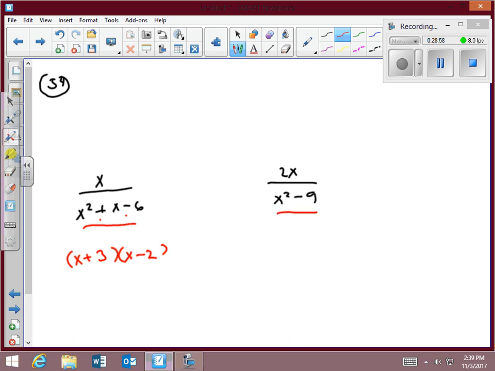Now then, look at this one. That says it's a polynomial, descending order, leading term is positive, no common factor. It's a binomial. A binomial, you got those 4 different situations: sum of squares, difference of squares, sum of cubes, difference of cubes. Does it fall into any one of those 4 categories?